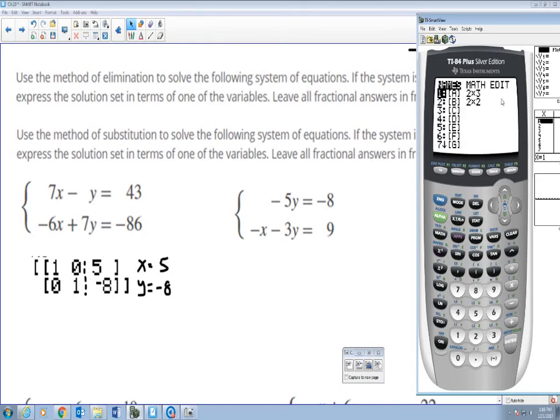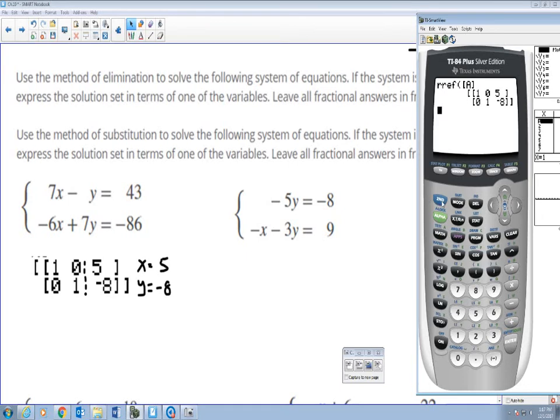Second matrix, go to edit, choose the same one as I did already. So 2 by 3, so I press enter, 0x, enter, -5y, enter, -8, enter, -1, enter, -3, enter, and then 9, enter. Once you enter them, press second quit.